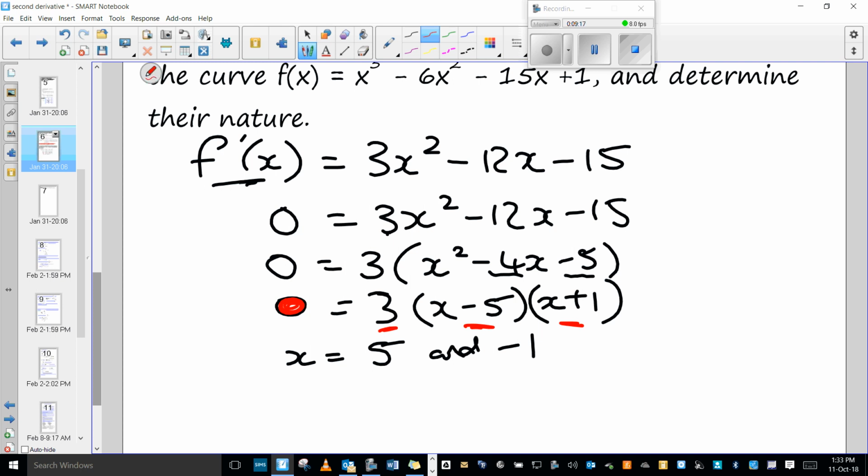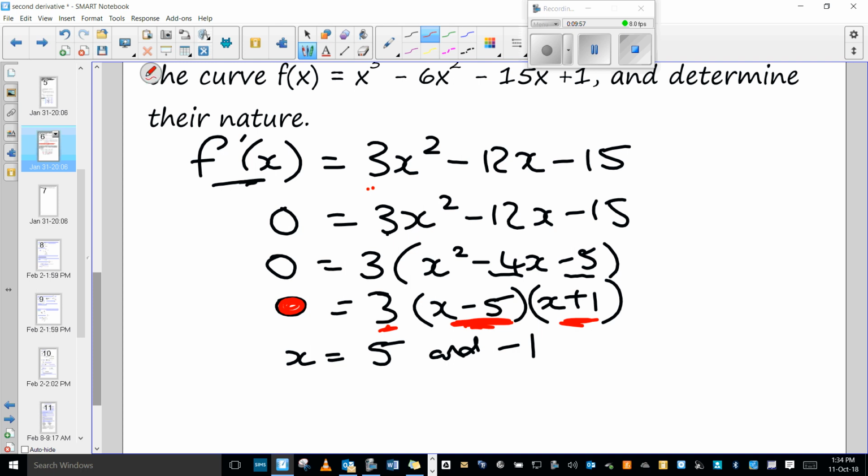So the reason we always make quadratics equal to 0 is so that we can factorise them. Either this bracket is equal to 0, which meant x was 5, or this bracket was equal to 0, which meant x was -1. The 3 is never going to equal 0, but it needs to stay in our working. We can't just forget about it, because this is actually our derivative.